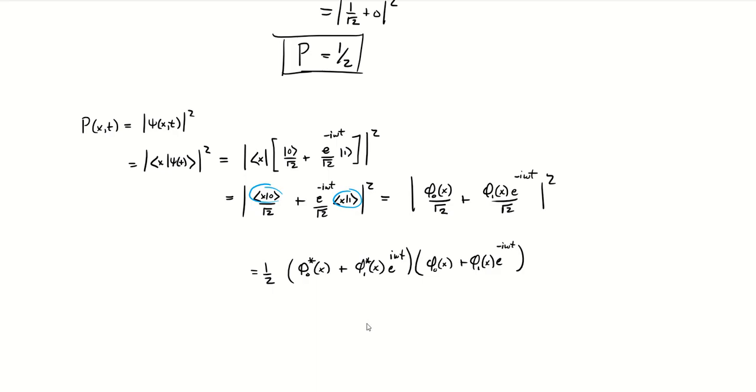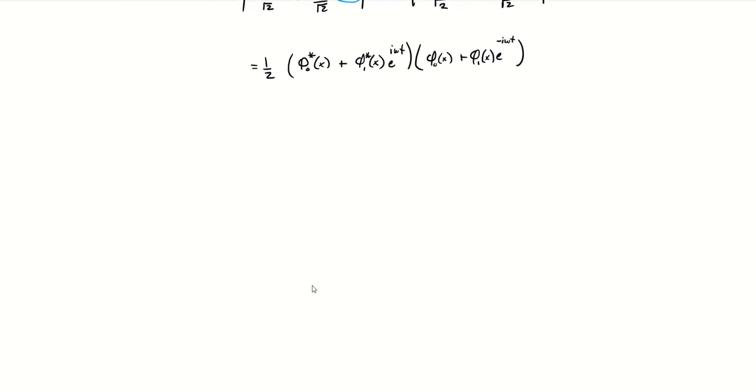So just carrying through some really riveting math here, this ends up being φ0(x) magnitude squared.